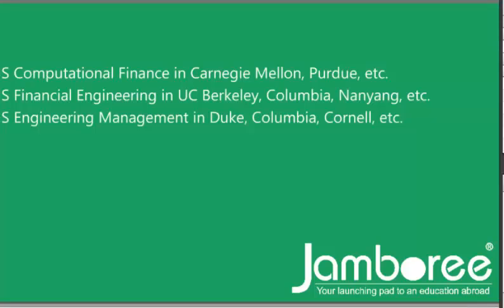Next course is engineering management. In the US or anywhere else in the world, if you want to do an MBA at the top colleges in the world, work experience is required. In most universities, work experience is required. But if you are a bright student and you want to get into the management domain right now, instead of applying for MBA courses, you might want to apply for MS Engineering Management.